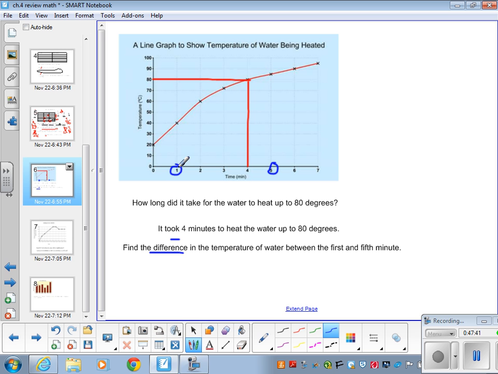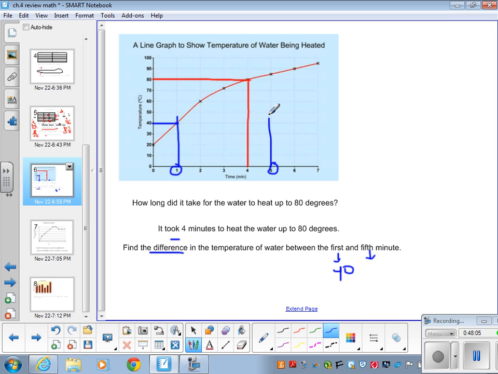Alright, so the 1st minute, I go all the way up till I get to the X and over. At the 1st minute, it is 40 degrees. Now, we want to know the temperature at the 5th minute.